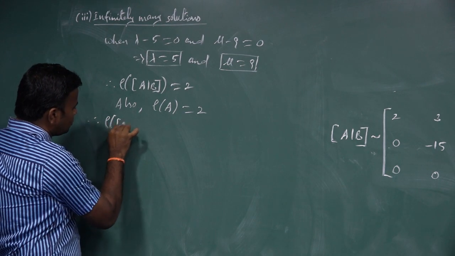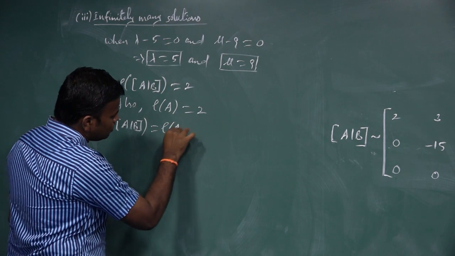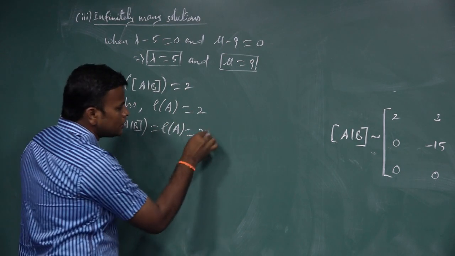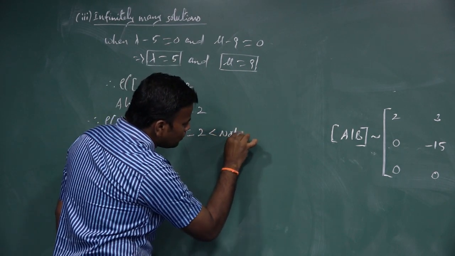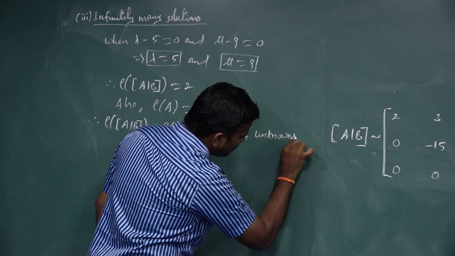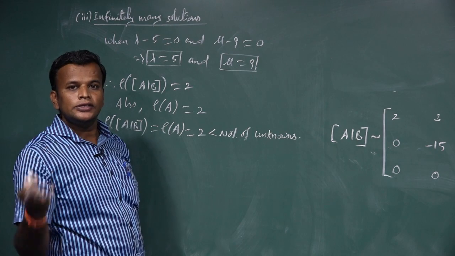Therefore, the rank of A|B is equal to the rank of A. Both the ranks are equal to 2, where 2 is less than the number of unknowns x, y, z.